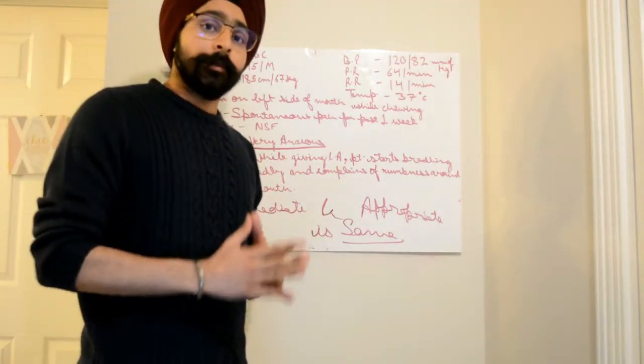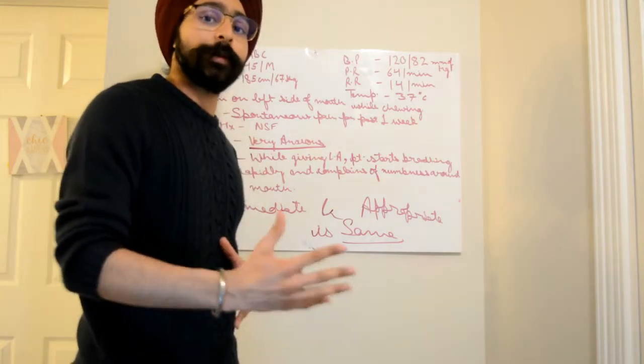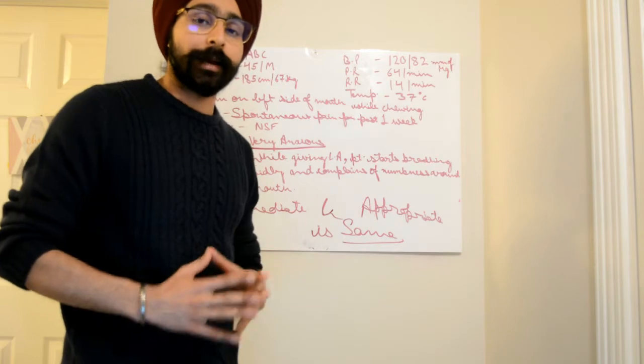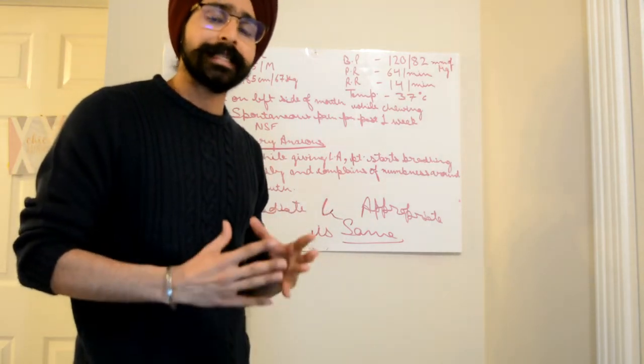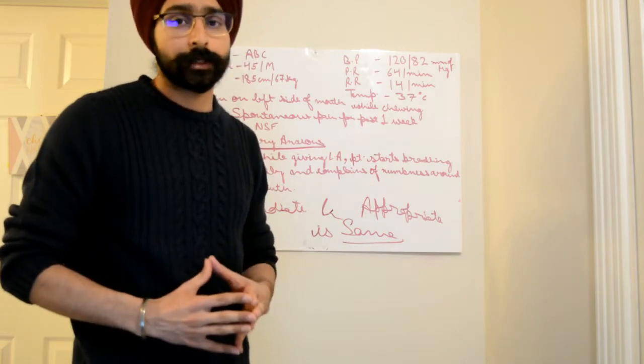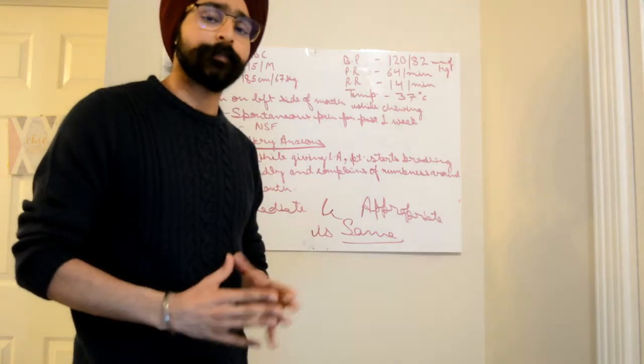So guys, before answering the question, before answering the immediate or appropriate management of a particular emergency, you first need to remember the signs and symptoms of that particular emergency. Only then you will be able to correctly answer the question.